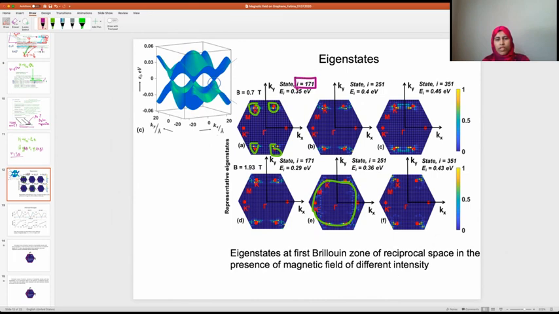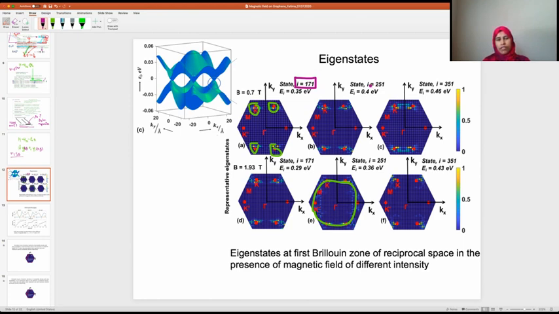So it's not exactly at the lowest point of the cone, it would be higher. If the conduction band is divided into many states, we consider 171, 251, and 351.